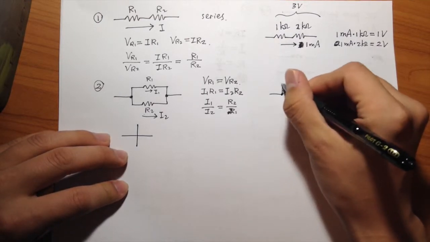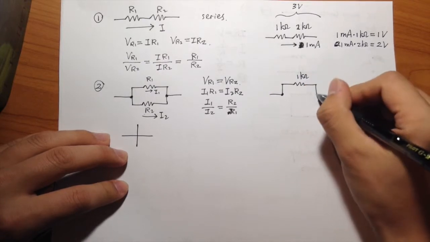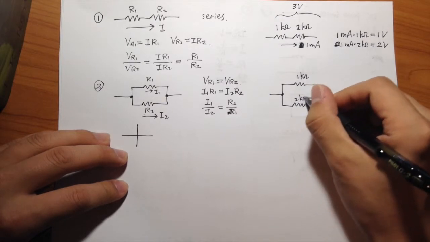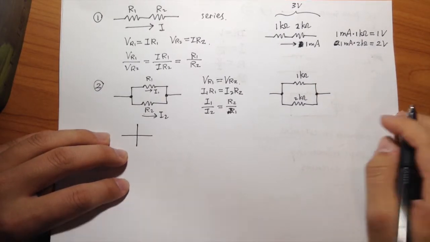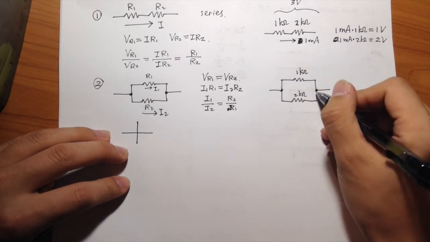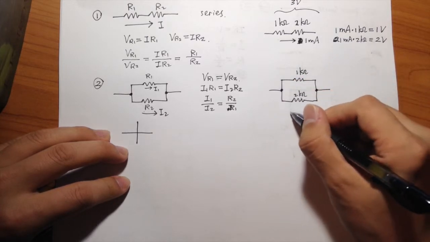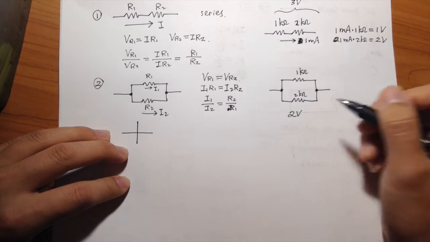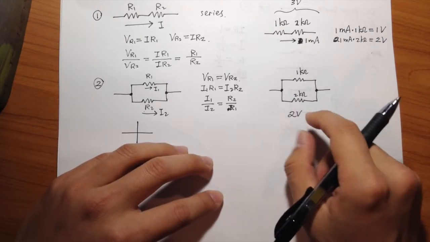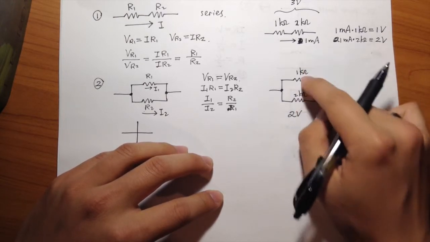Now we have, same as before, a 1 kilo ohm and a 2 kilo ohm resistor. And let's say now the voltage between these two dots is 2 volts. So we know that the 2 volts is shared by both resistors.